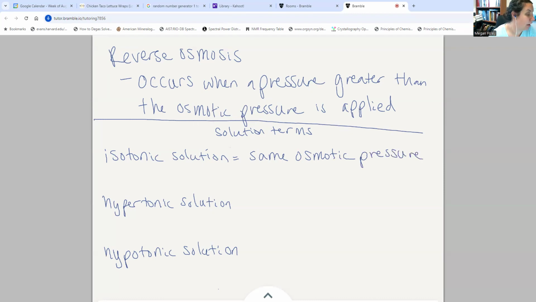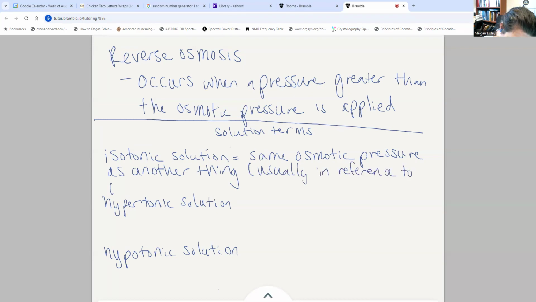Or as whatever we're comparing it to, I guess we say. But generally, we're comparing it to a red blood cell. But we can just talk about two solutions being isotonic with each other, which means they have the same osmotic pressure.